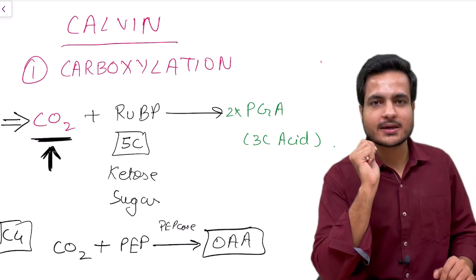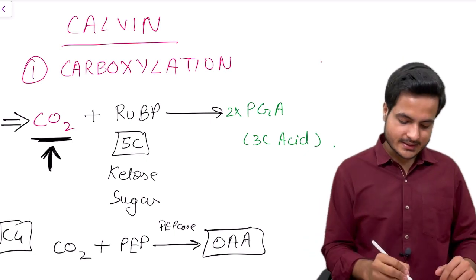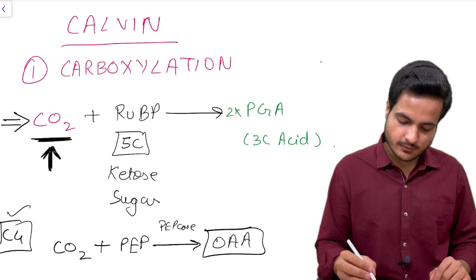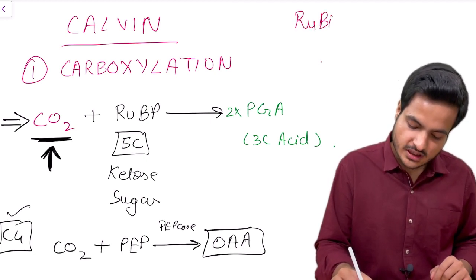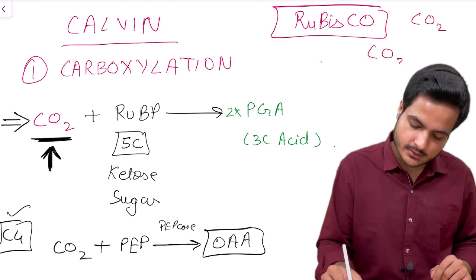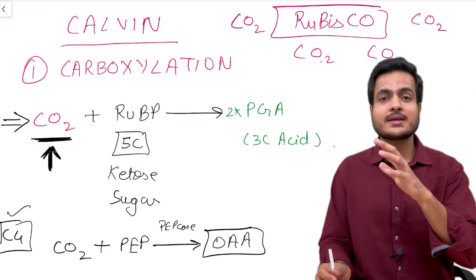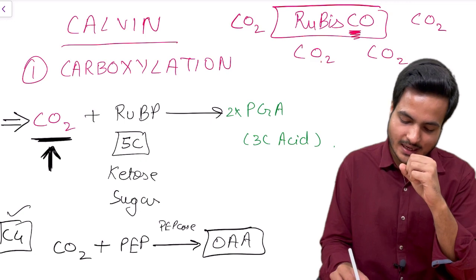But there is an advantage of this, that by doing this long loop inside C4 plants, in bundle sheath cells where the rubisco enzyme is present, the amount of carbon dioxide in the surrounding increases, and this leads to the important function that this enzyme will function only as carboxylase.